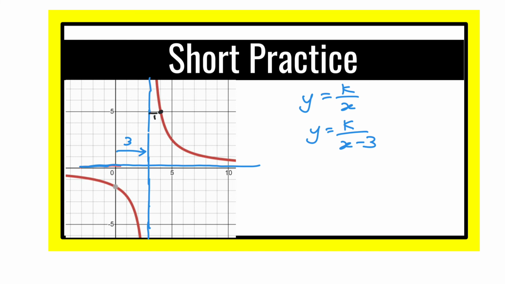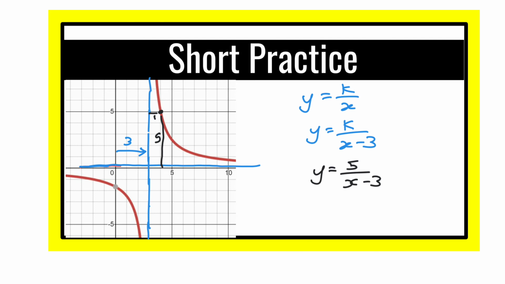It's 1 out and 5 up. 5 times 1 is 5. So y equals 5 over x minus 3. So it's important to draw the asymptotes first and then look at how far the graph is from the line.